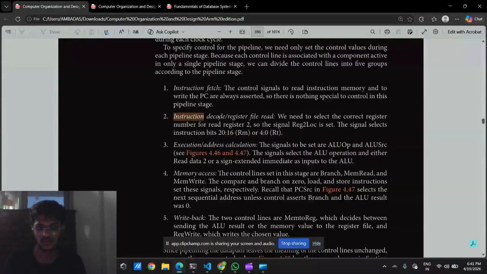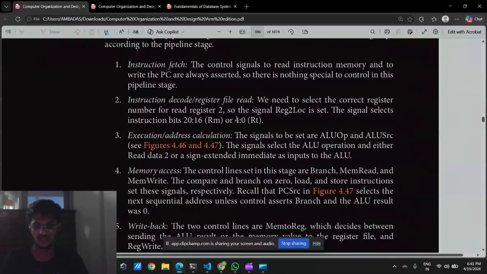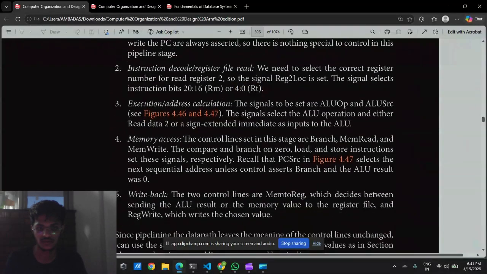In the instruction decode stage, or pipeline stage, we can say, it uses 20 to 16, which is the RM field of the instruction. Basically, it's present in the R type instruction class, as we verified. And this is from the load or store or the branch instruction.